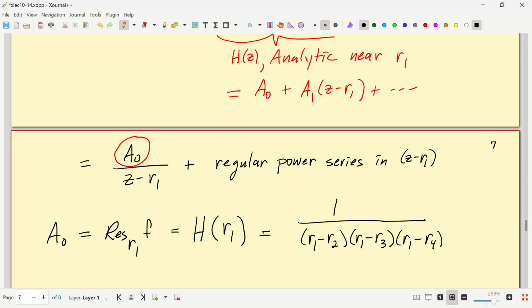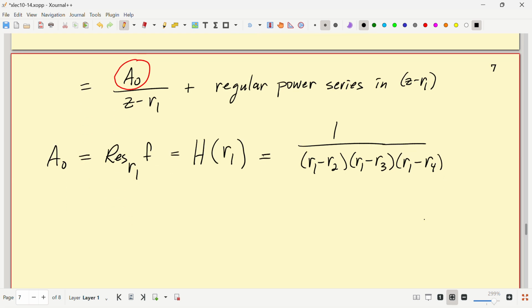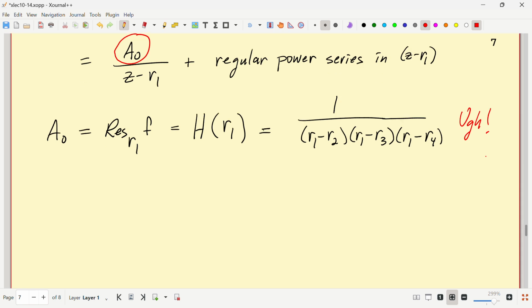That's ugly looking. And I have to add up two of those ugly looking things and do the algebra and clean them up. Anyway, so I'm going to say that's ugly. There's a much better way to calculate these residues, which I'm going to save to explain for next time. Better idea.